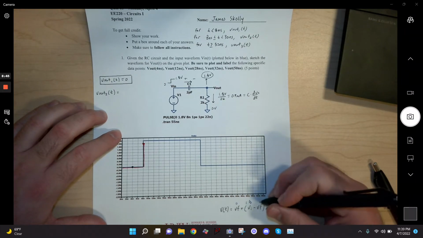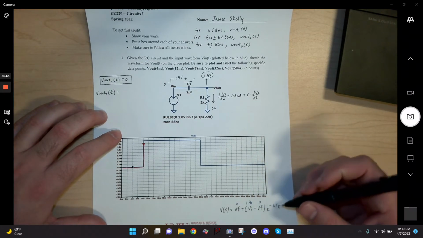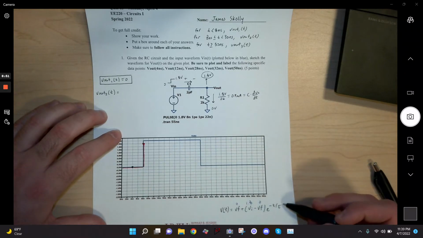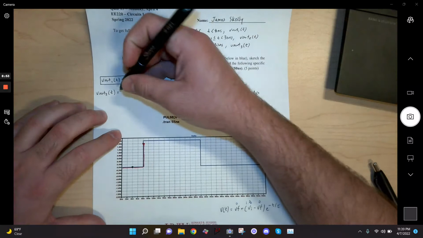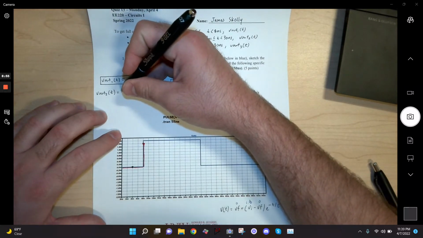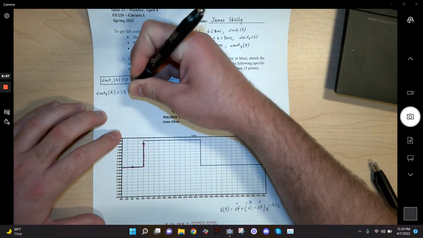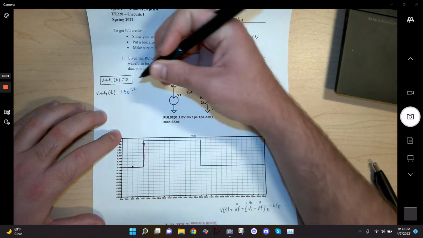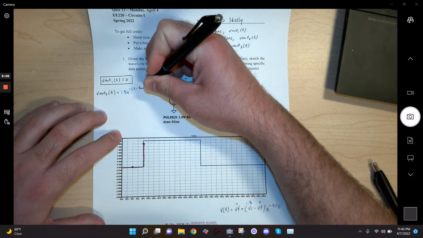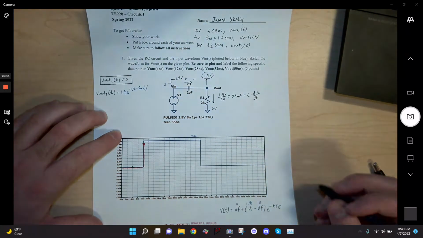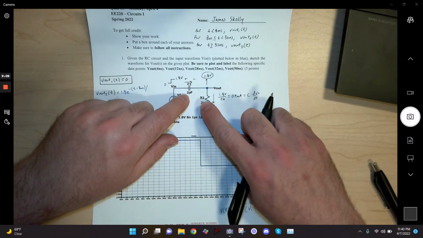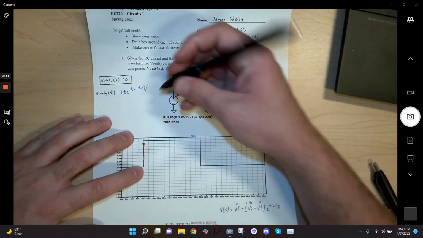And then note that I have a time delay of 8 nanoseconds, so I'm going to write this out as 1.8 e to the minus (t minus 8 nanoseconds) over tau. And what's my tau? It's R times C, so it's 2 pico times 2K, which gives me 4 nanoseconds.